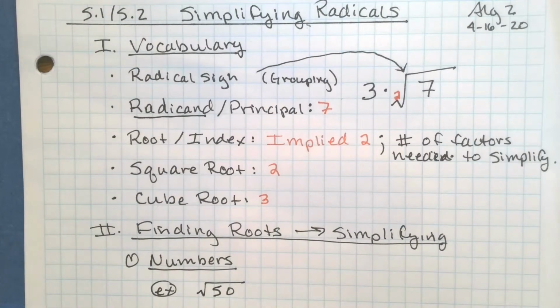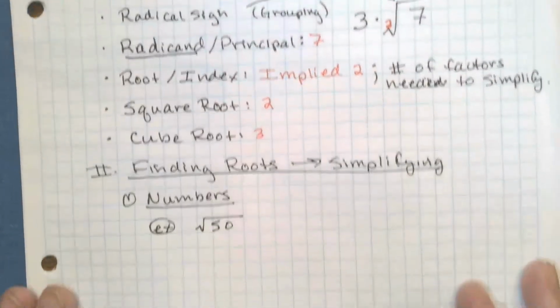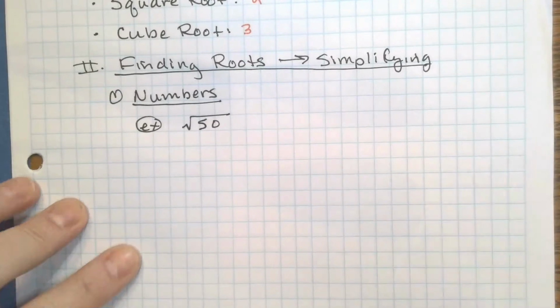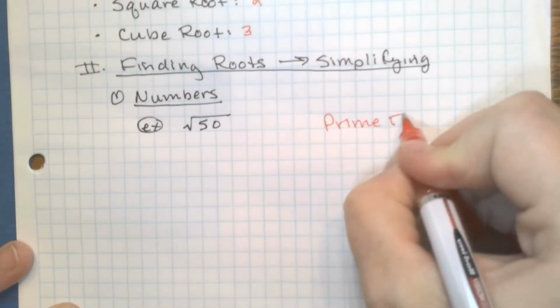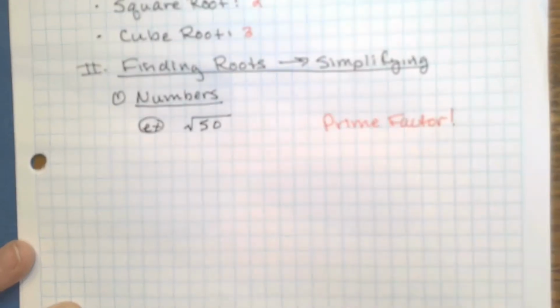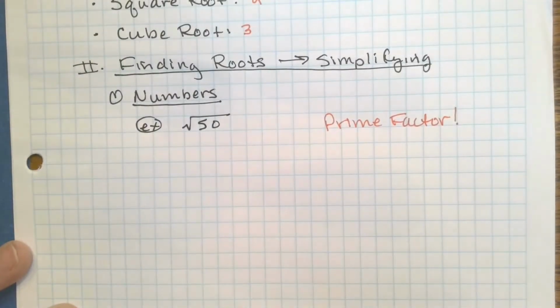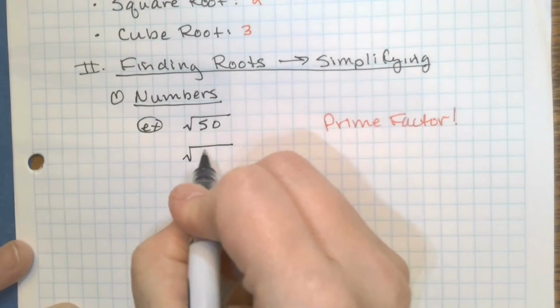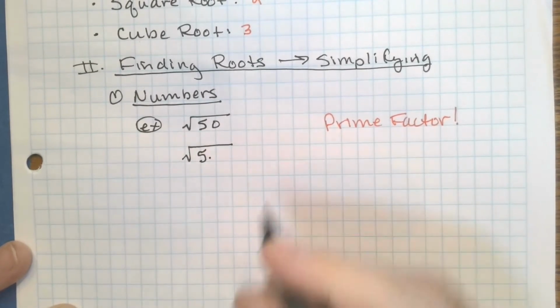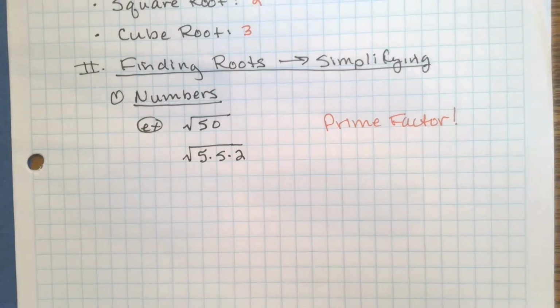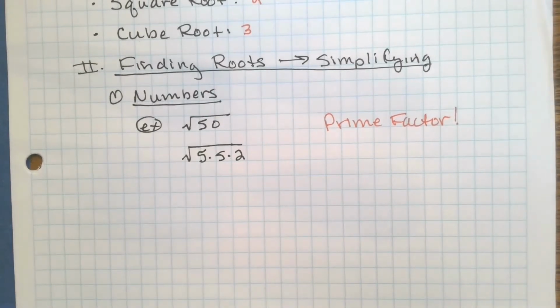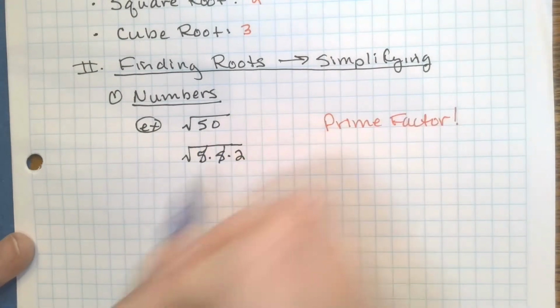So the first thing that you do when you simplify is you're going to prime factor the inside number. And we practiced that before the break, so you should be really good at prime factoring. Well, 50 is 5 times 10. 5 is prime. 10 is 5 times 2. So prime factor the radicand. The simplifying rules say that for every 2 of the same factor, 1 comes out.